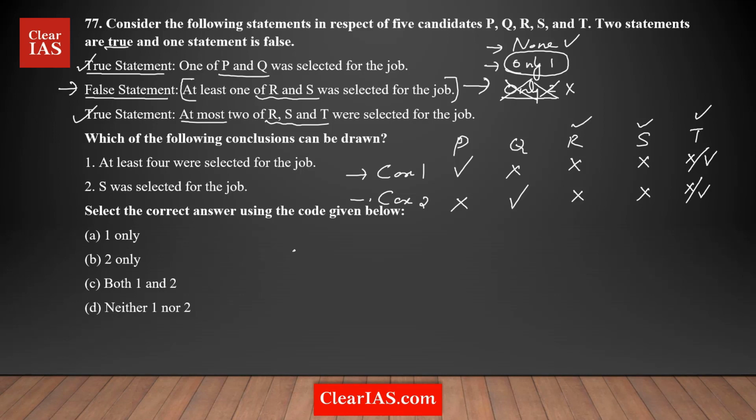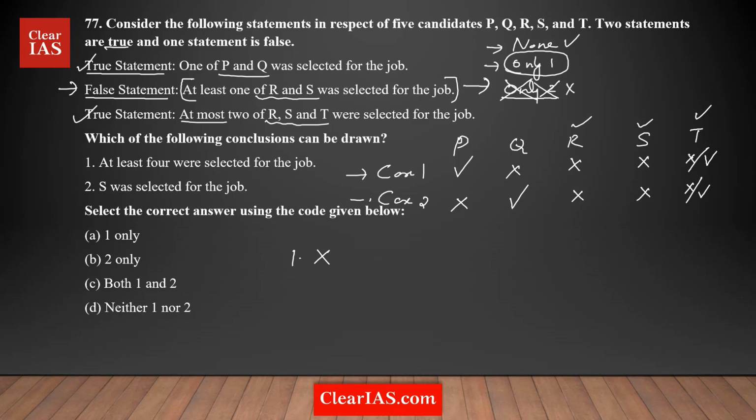Okay, let's start with the first conclusion. At least 4 were selected for the job. If you analyze both the cases, can we see that 4 were selected? No, it's not possible. Maximum 2 of them are selected. Definitely 1 of them is selected, but max is 2. So clearly I can say that conclusion 1 is not correct, because conclusion 1 says that at least 4 of them.